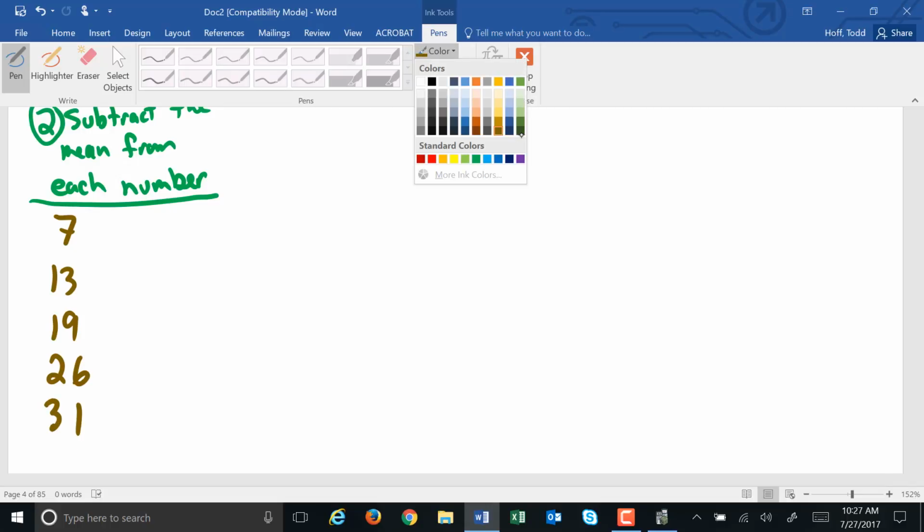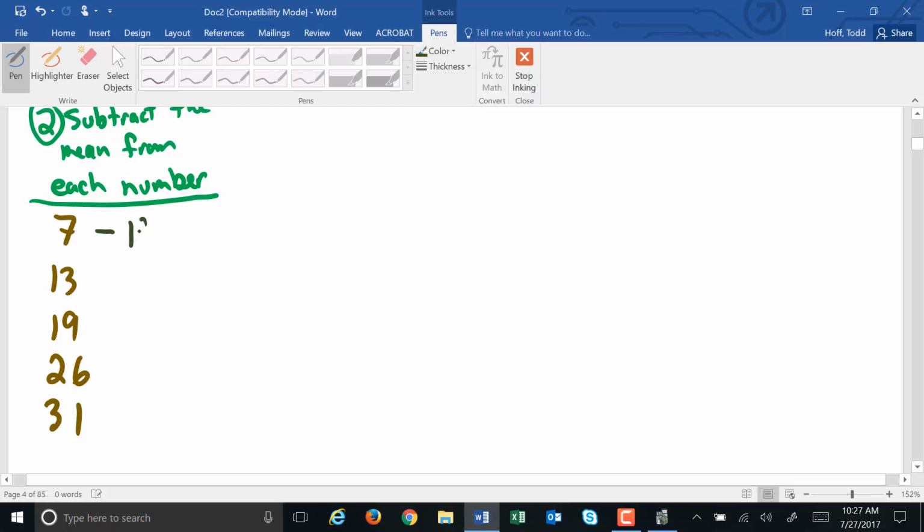And from each number, I'm going to subtract my mean of 19. What is 7 minus 19? Negative 12. 13 minus 19. Negative 6. 19 minus 19 is 0. 26 minus 19?